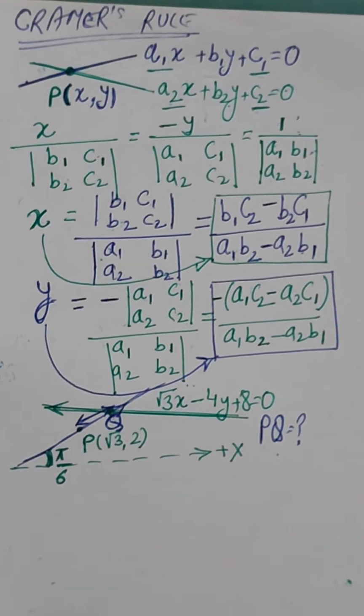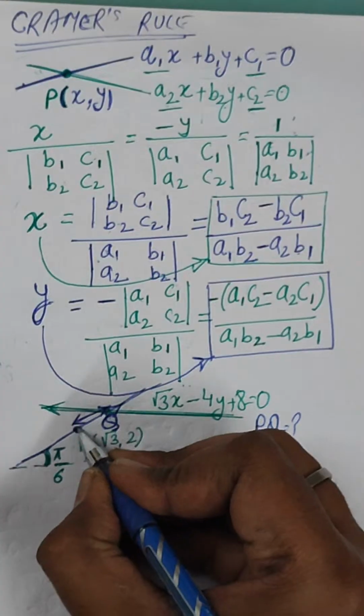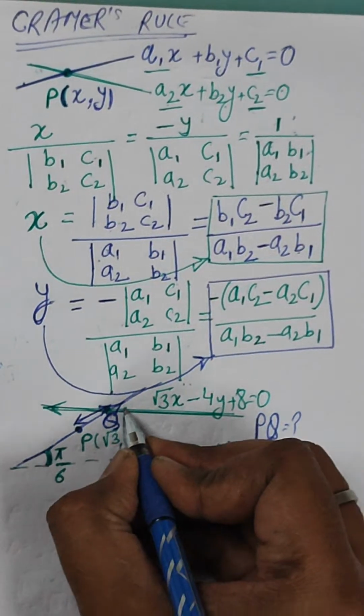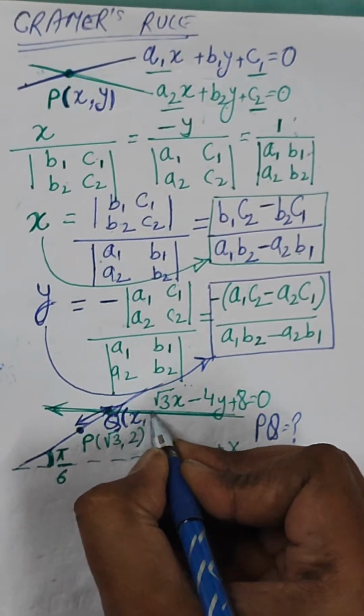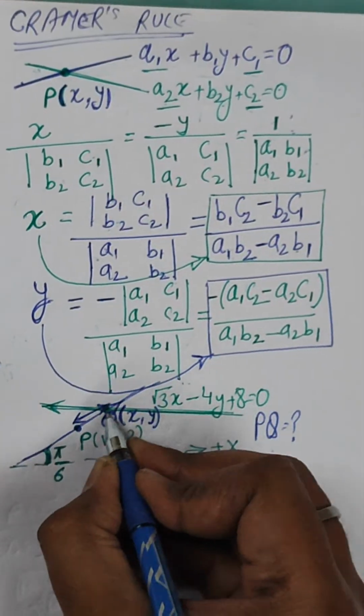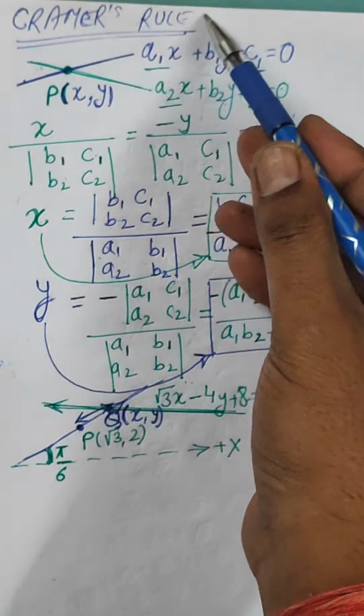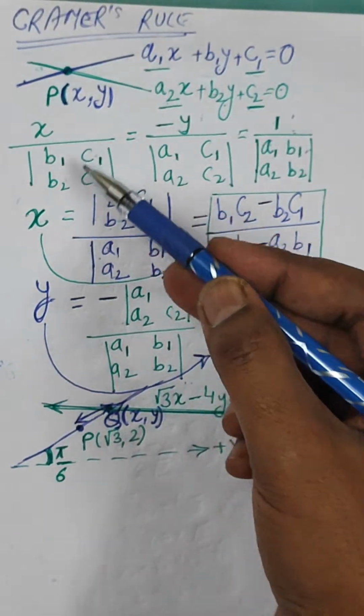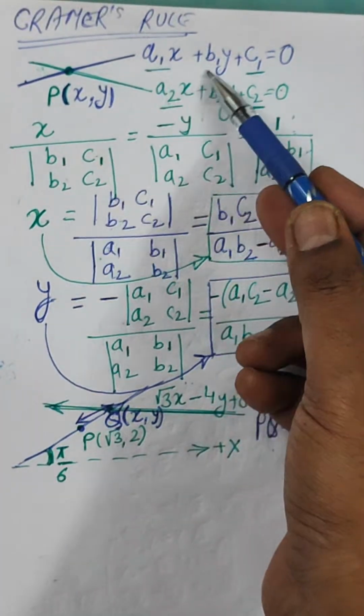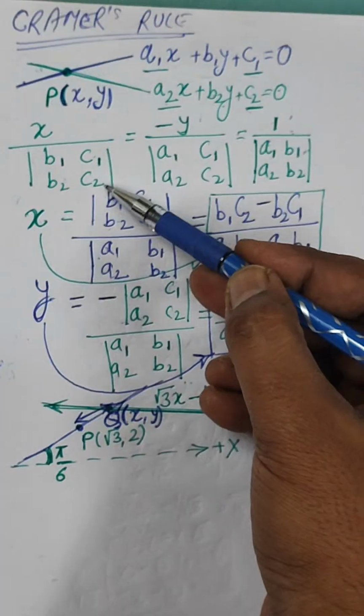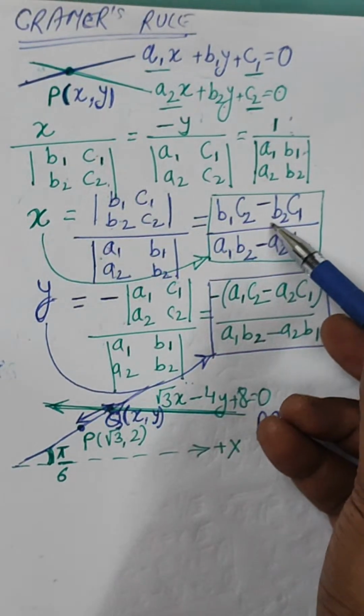So students, in this case, if this is P, this is Q, let us assume the coordinates of Q are x and y, because the point of intersection is given by Cramer's rule, that is x by the determinant format of the coefficients of the corresponding variable and the constant term, and it can be written like this, right?